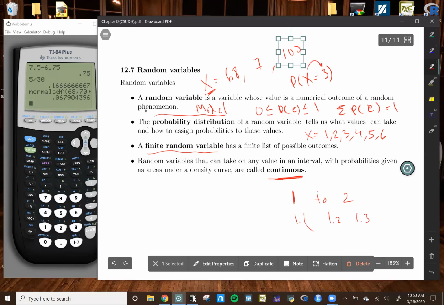But then there's also a number in between 1.1 and 1.2, which I could put as 1.11, or from 1.2 to 1.3, we could say 1.21, and so forth. So whenever we're talking about continuous, there are infinitely many outcomes. If it's a finite random variable, that means you can actually count how many total outcomes there are.